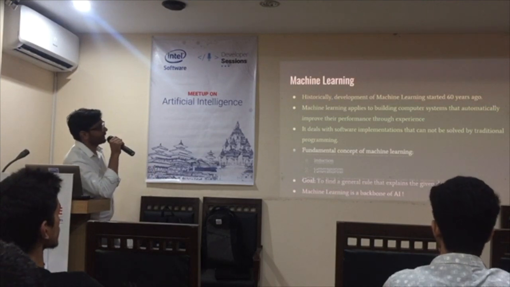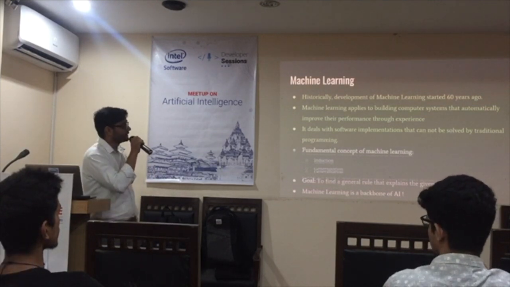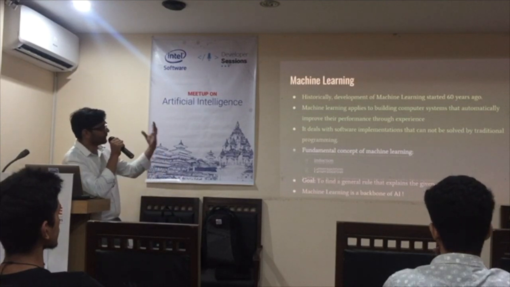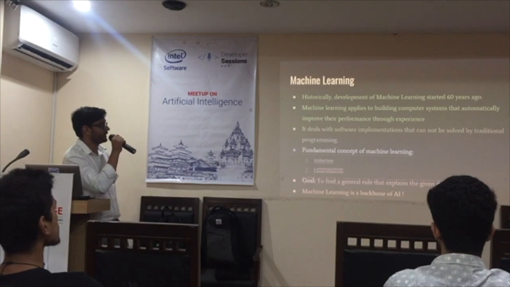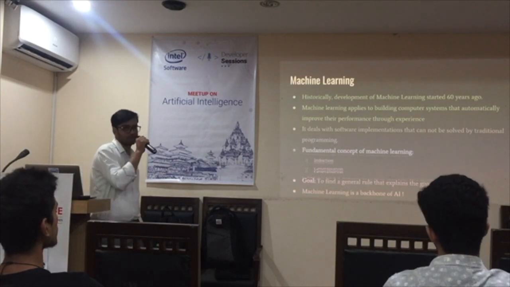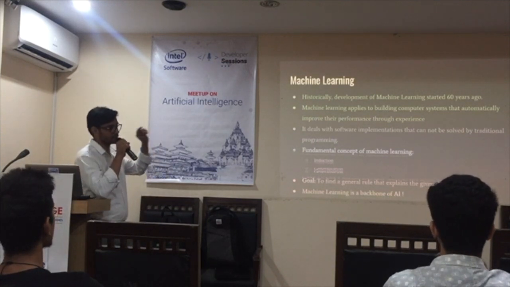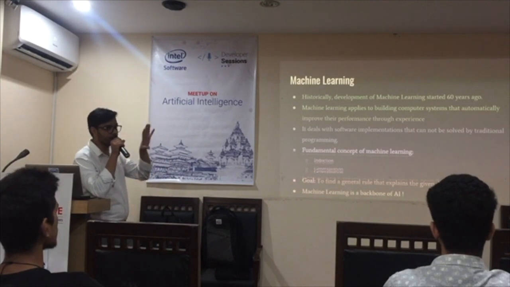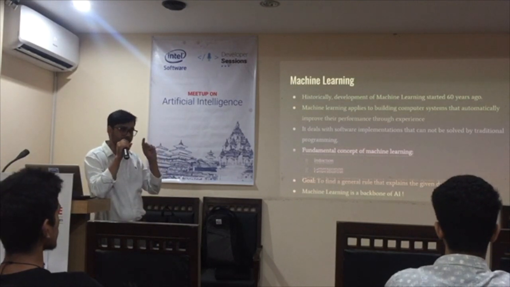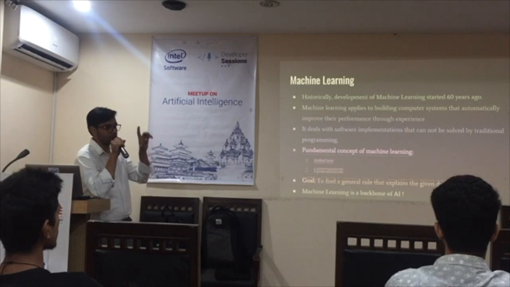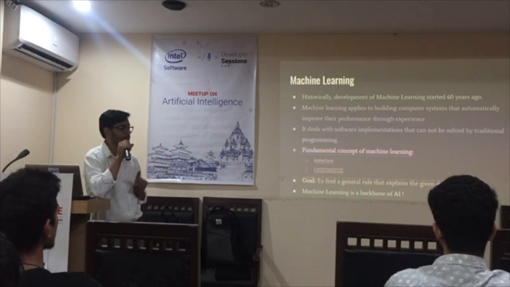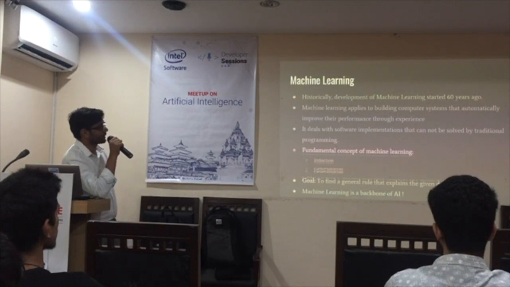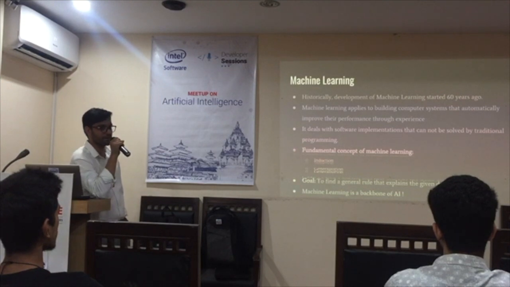Machine learning applies to building computer systems that automatically improve their performance through experience. This is the core concept of machine learning. If we give certain examples of a task, it will learn to achieve the goal on that task from those examples. So it deals with software implementations that cannot be solved by traditional programming.